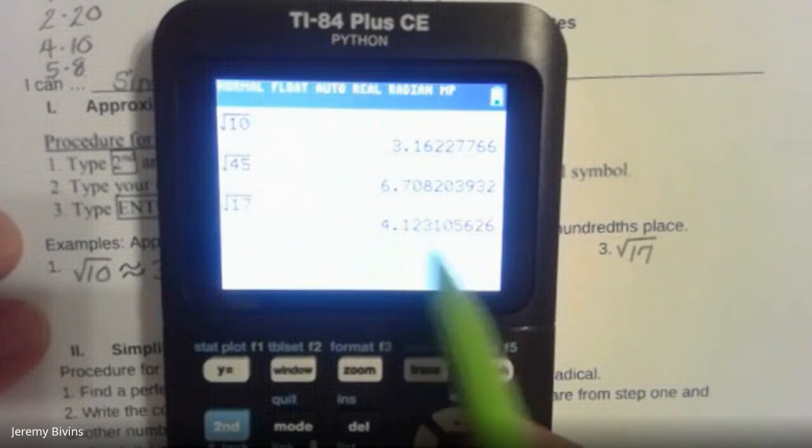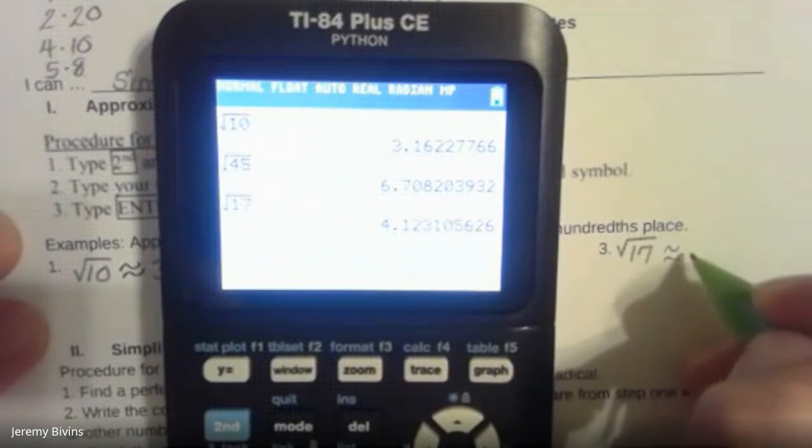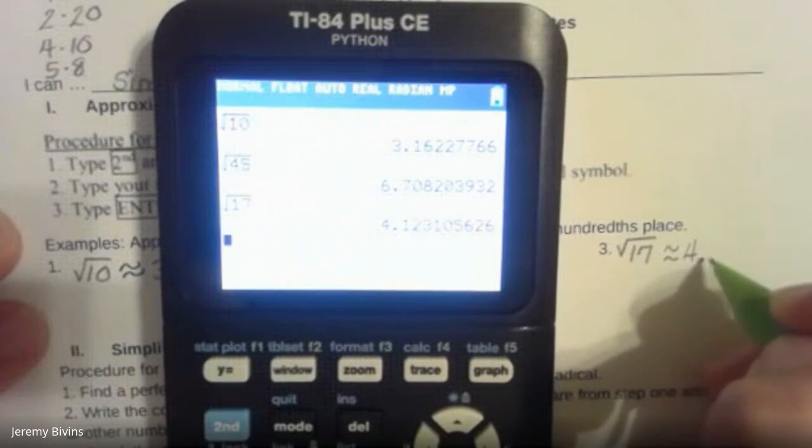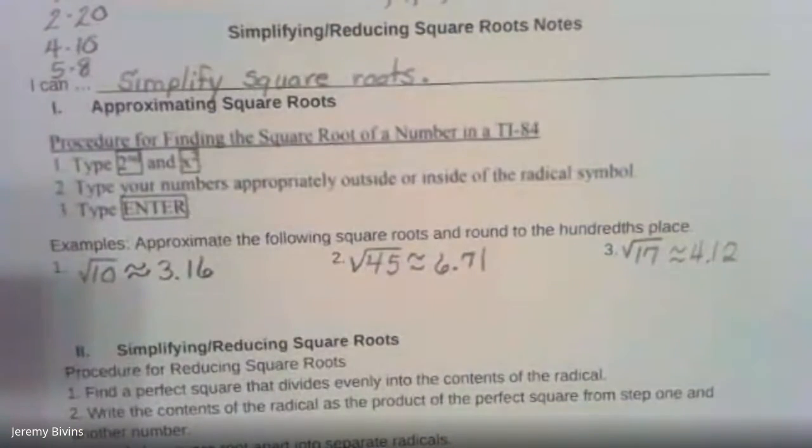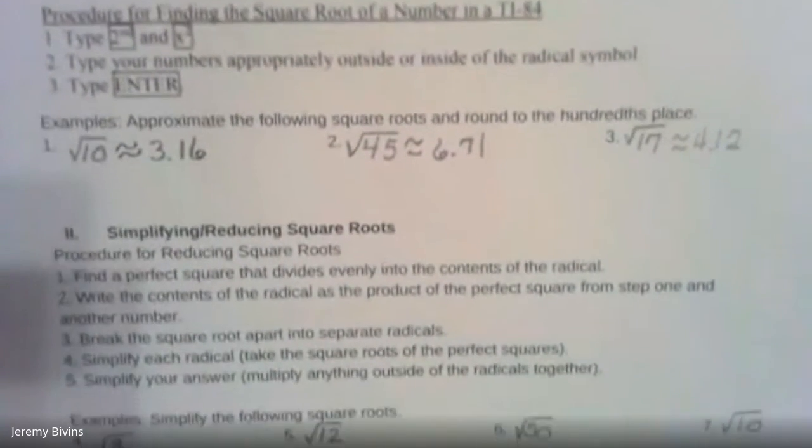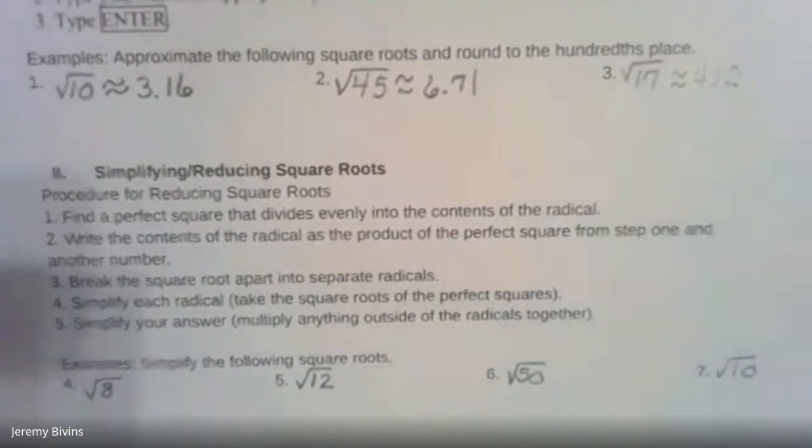The 3 tells me to keep the 2 where it's at. Approximation symbol 4.12. So you'll be doing some of this on the homework today, but you're only looking for decimals when it says the word approximate.